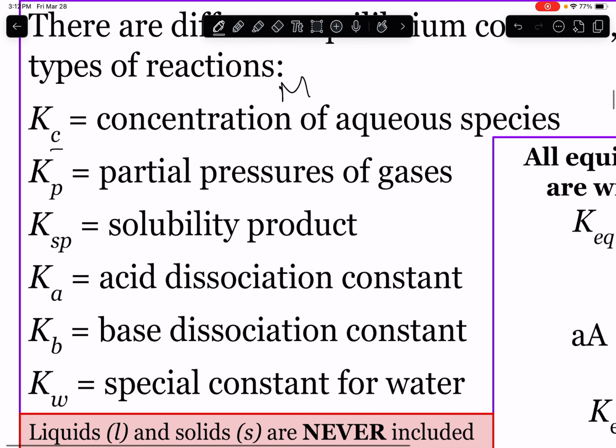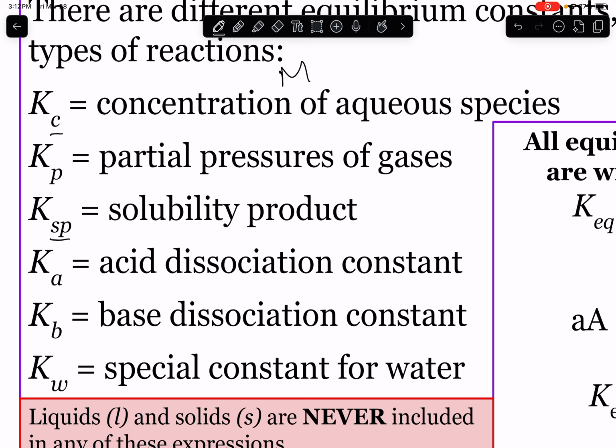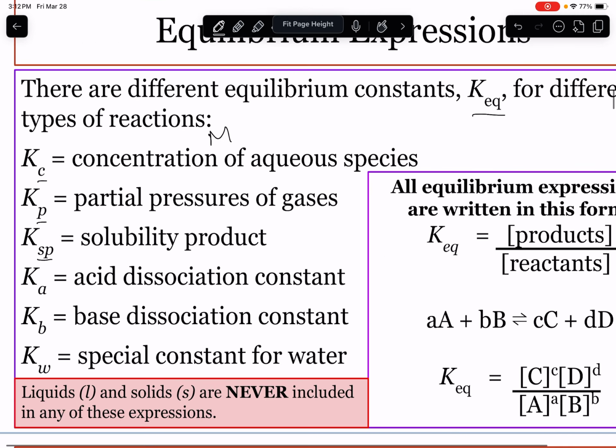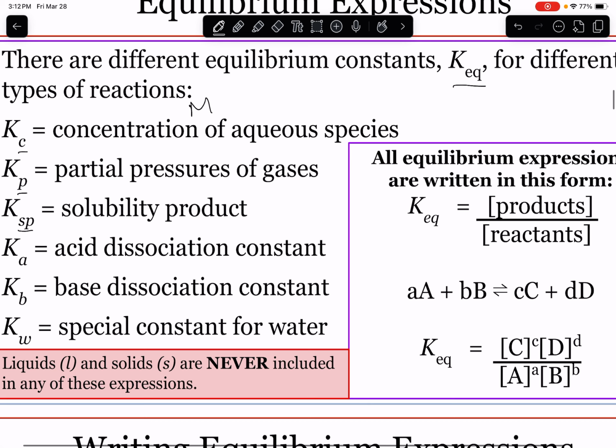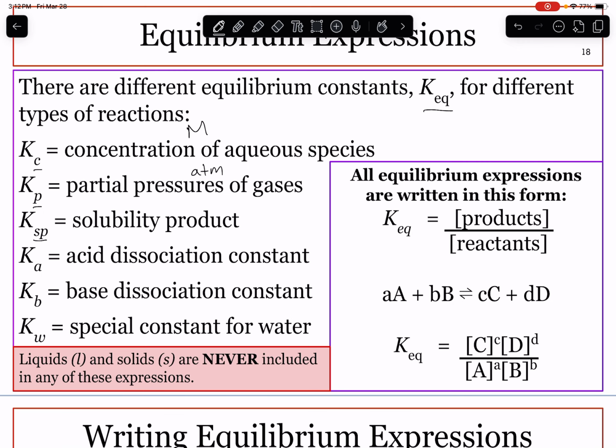The KSP, SP stands for solubility product, and it is for ionic compounds dissolving in water. And the KP is the only one that is a little bit different. It is still calculated as products over reactants, but instead of a molarity, we use the partial pressure of the gases in units of ATM. And you'll see that in the problems, it will give you the values in units of ATM.